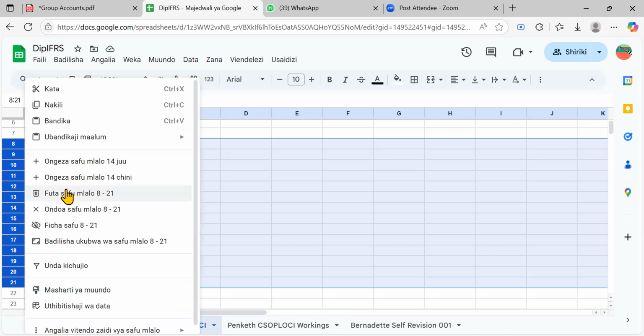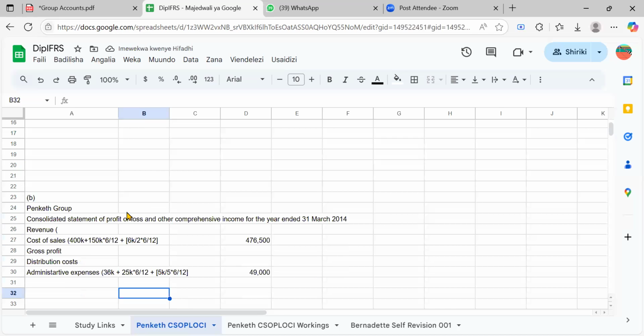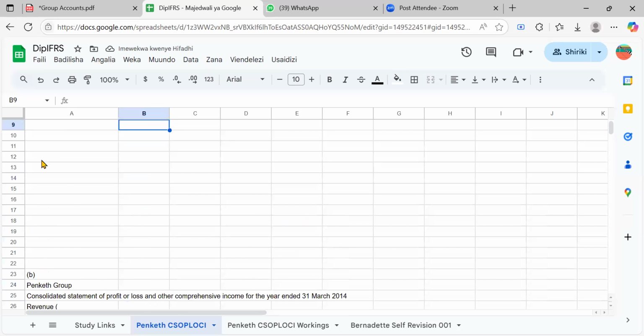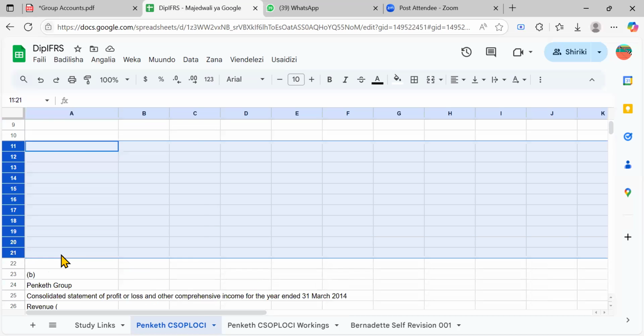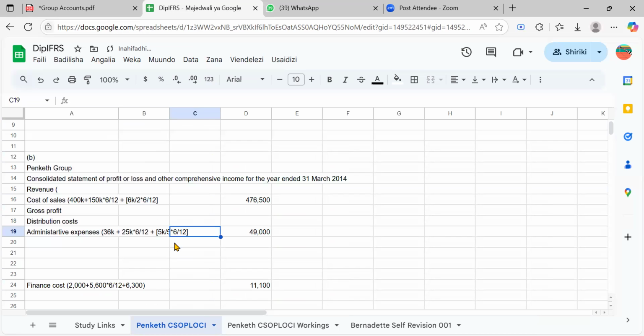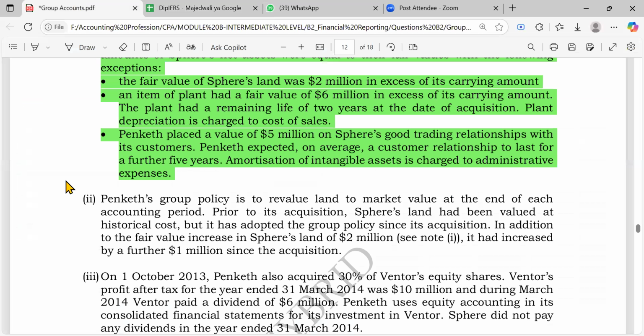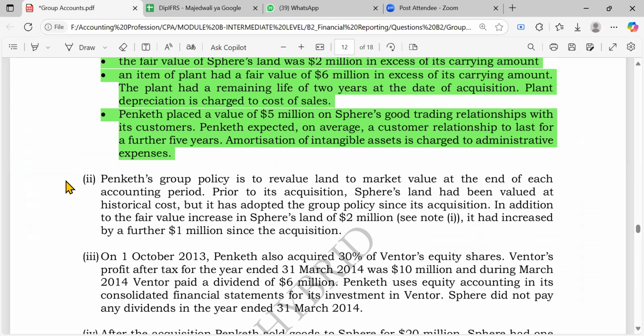Getting your goodwill, I think you can now go on computing whatever else is left. Nothing more, nothing less. Yes. So let's just go on and get whatever remains. Okay.